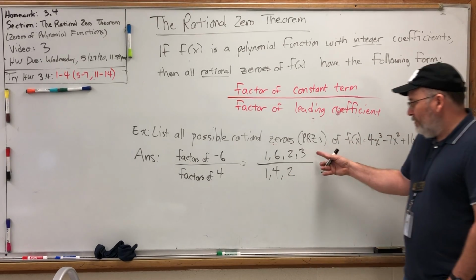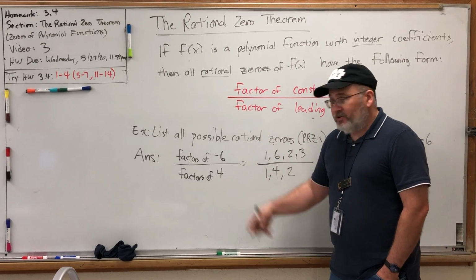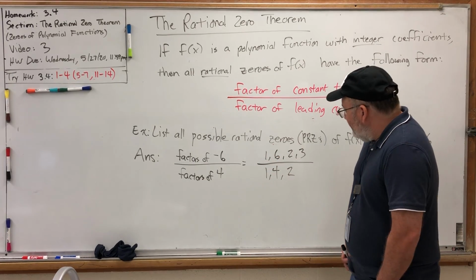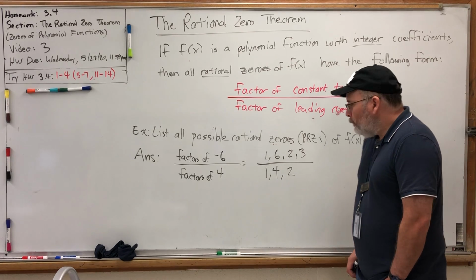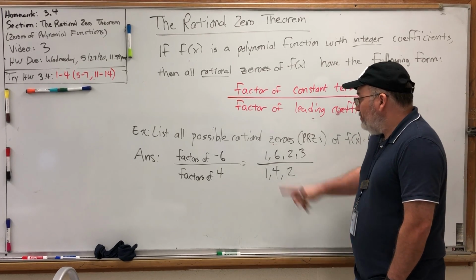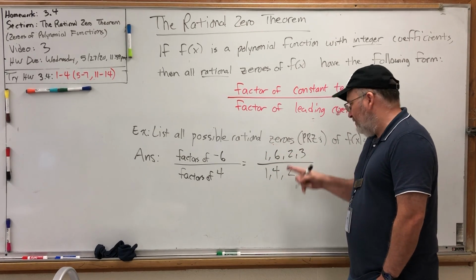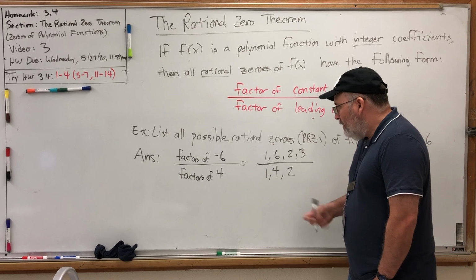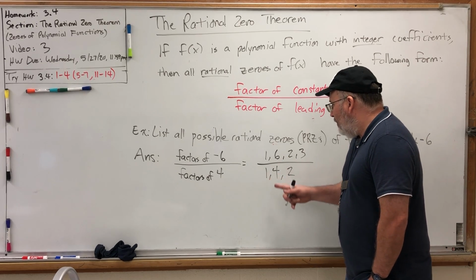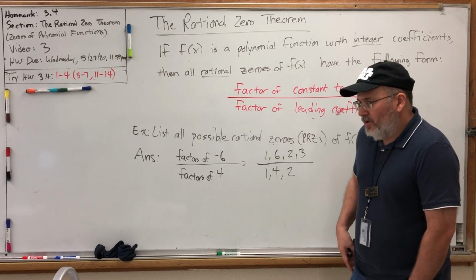Now, all of these numbers on top are factors of -6, and these numbers are factors of 4, but each list is only half complete because all of their opposites are also factors. In other words, -1 divides into -6 evenly, as does -6, -2, and -3, whereas on the bottom, -1, -4, and -2 all divide into 4 evenly.